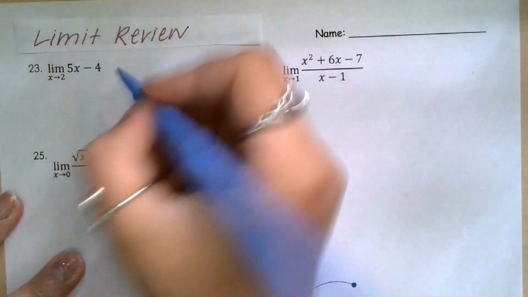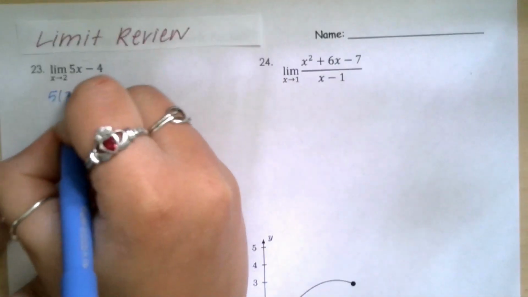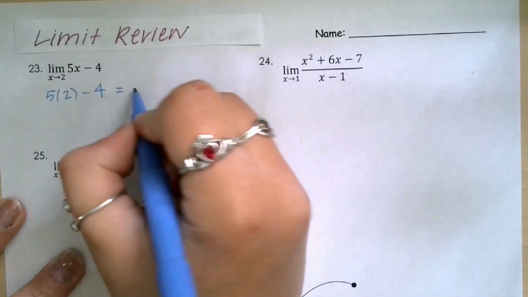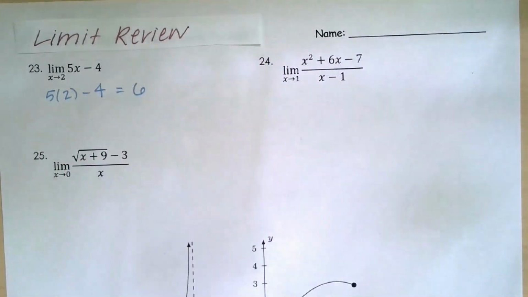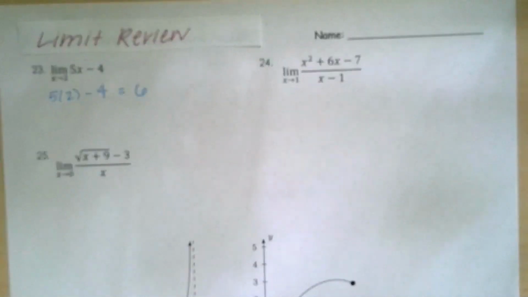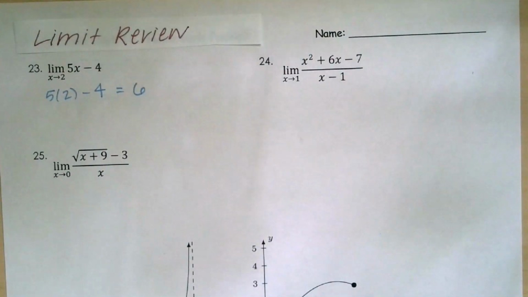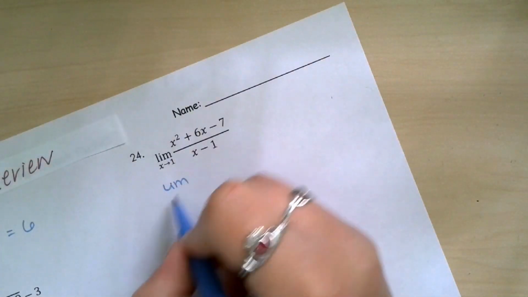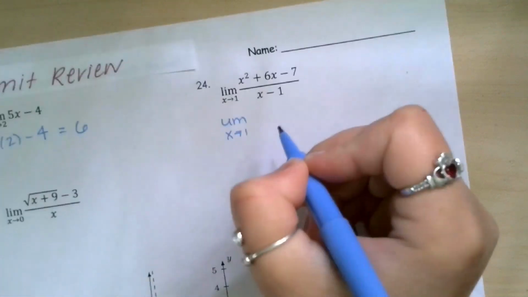So when we substitute in, we have 5 times 2 minus 4. 10 minus 4 is going to equal 6. Okay. So now, on to number 24. We're going to go ahead and factor. Oops, let me keep my limit notation.